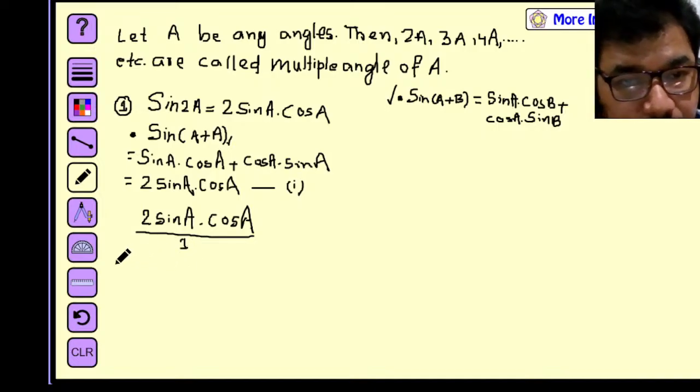And this 1, we know we have the Pythagoras relation.